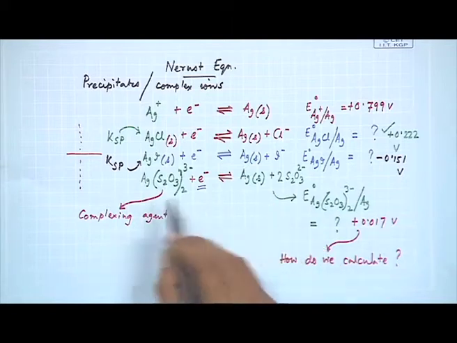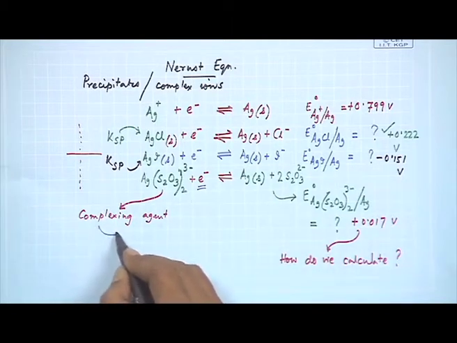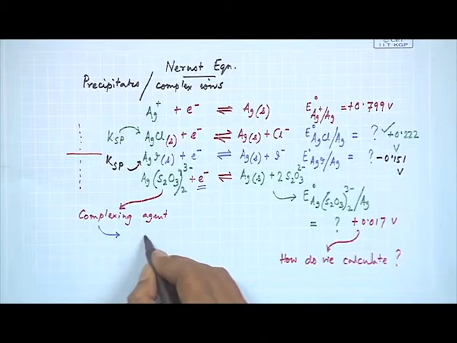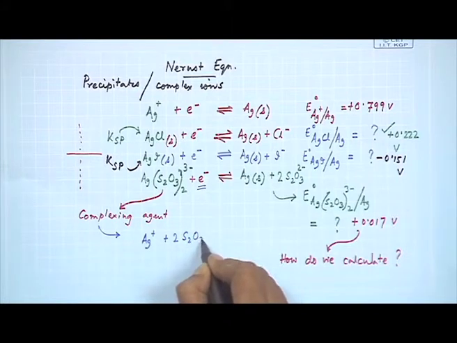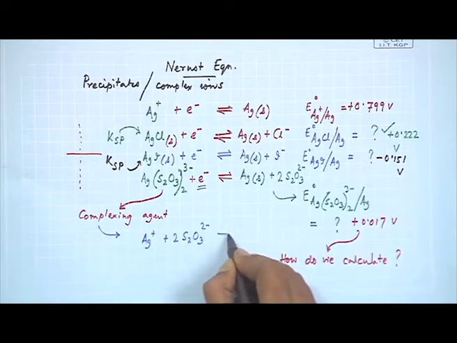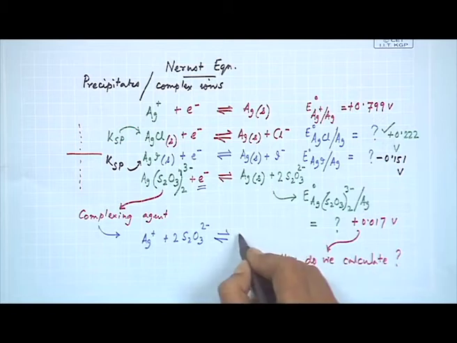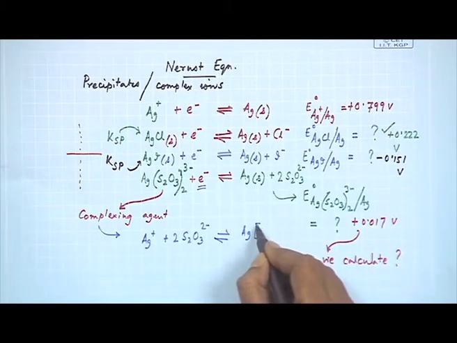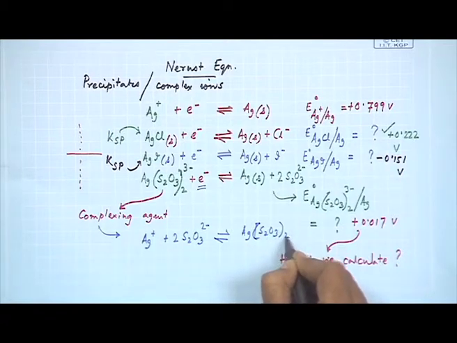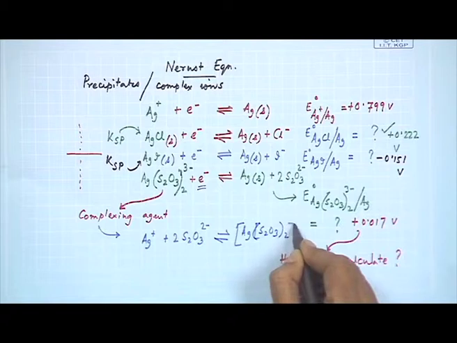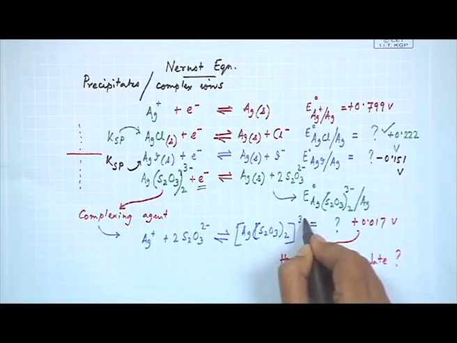But otherwise, the direct complexation reaction is different from that, where the silver ions are available, reacting with 2 of the thiosulfate ion, giving rise to the corresponding complex species Ag(S2O3)2 3-.